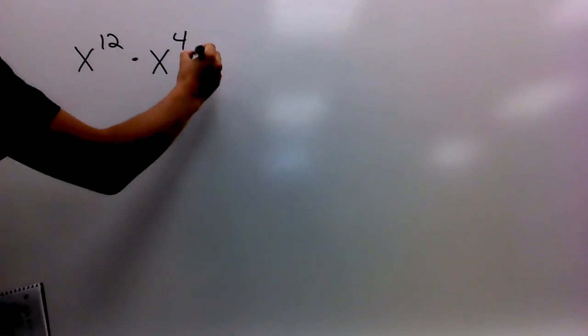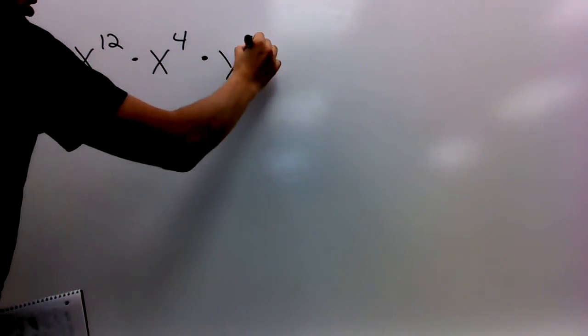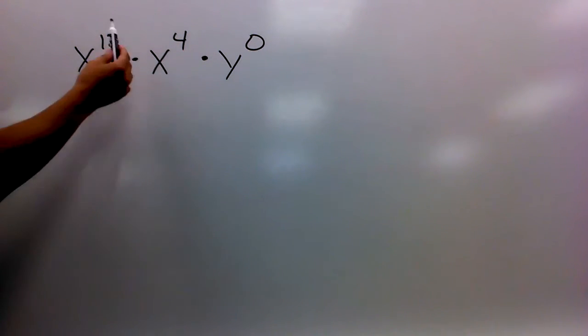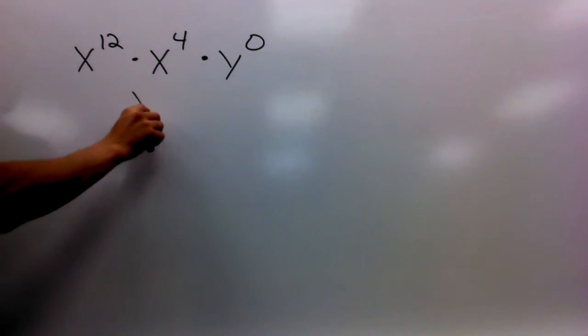Next. X to the 12th times x to the 4th times y to the 0. Multiplication, we add the exponents. X to the 16th.